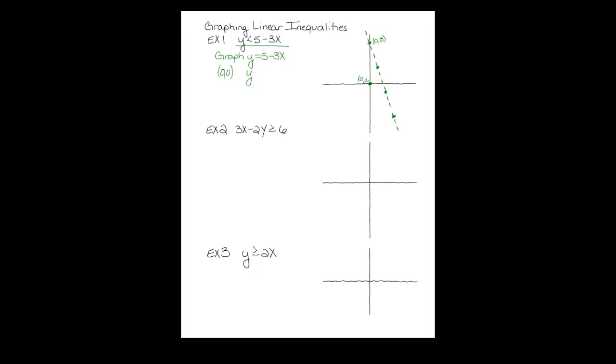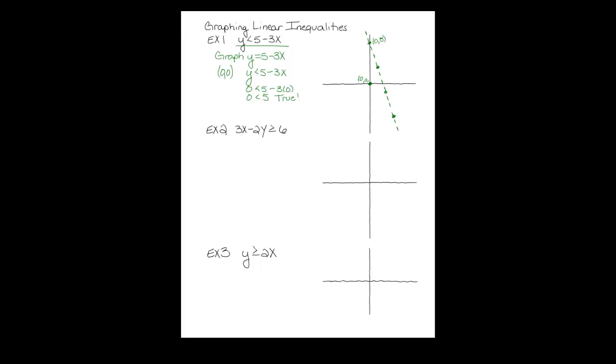Y is less than 5 minus 3x. So I am just going to plug in 0 for x and 0 for y. So 0 is less than 5 minus 3 times 0. 0 is less than 5 minus 0, or 0 is less than 5. This is true.